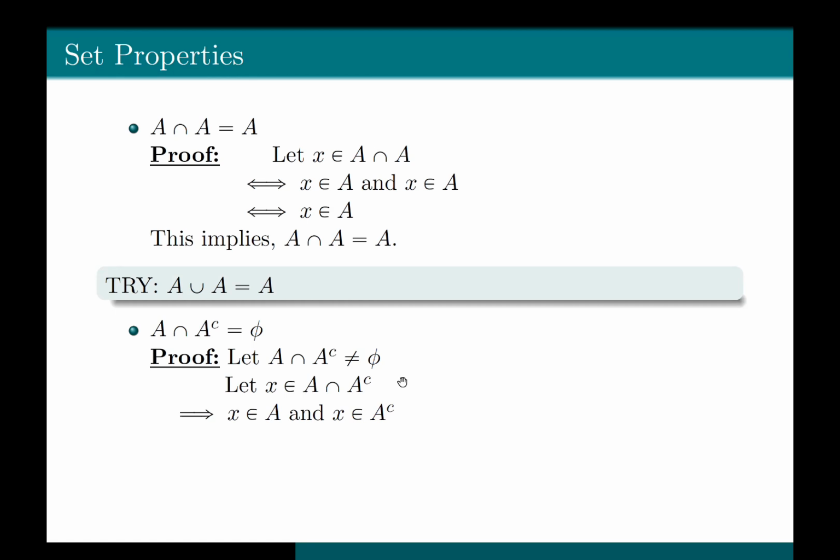This X is a common element in both the sets. Whenever we have intersection, we have the word AND. Whenever we have union, we have the word OR. Here we have AND, which means X belongs to A and X belongs to A complement.